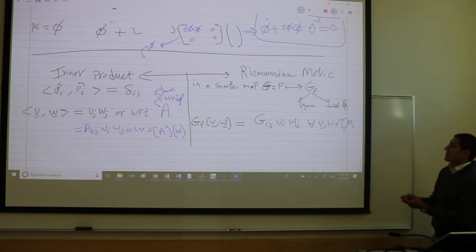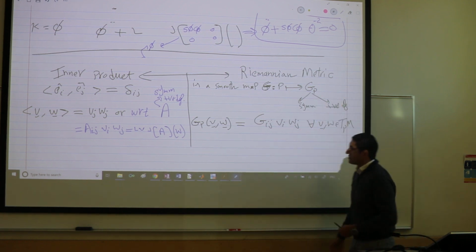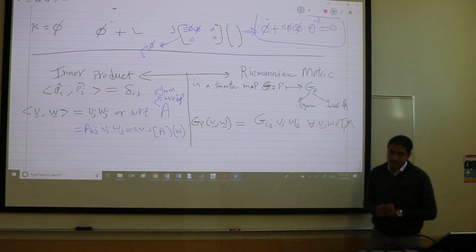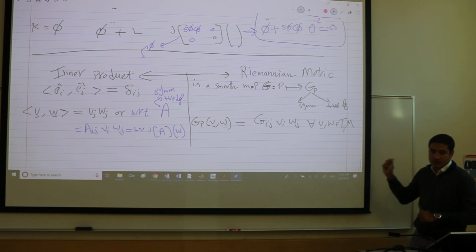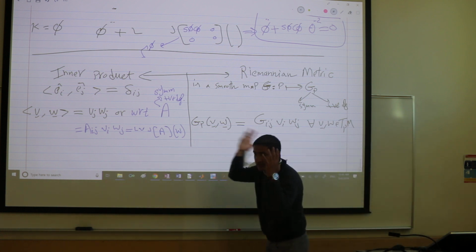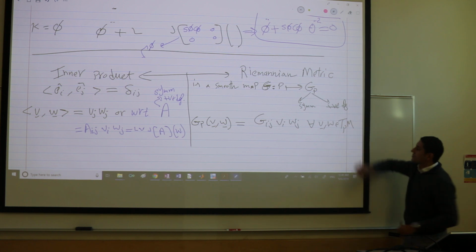So Riemannian metric is nothing but a symmetric positive definite matrix. It is nothing but a way of doing dot product on the tangent space. Okay? Dot product on the tangent space. We do dot product between vectors, not between points. Over there, the notation is very confusing and sloppy. Here it's clear, we are on the tangent space. Okay.